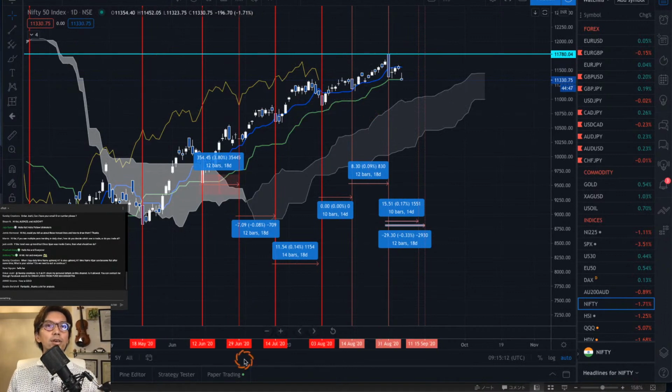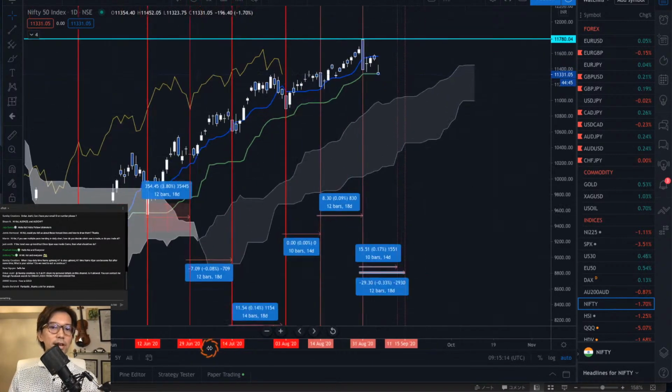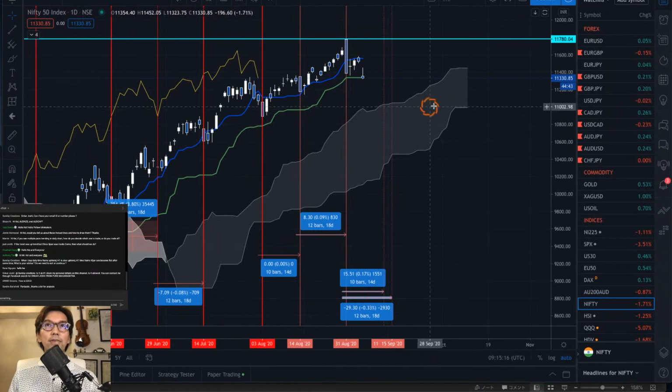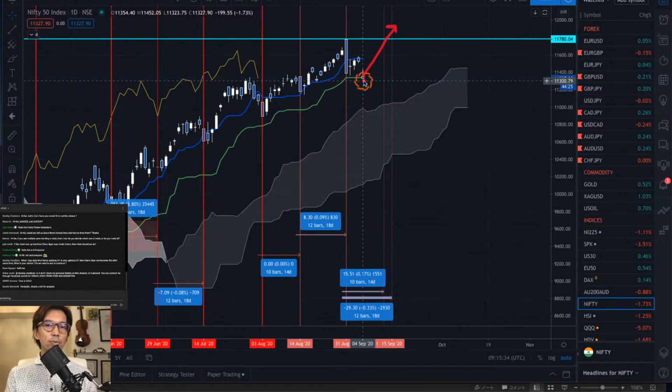Okay, so here is the Nifty daily chart. And there is a gap down right now. And the price is coming down to Kijun Sen now. But because this is still above the Kijun Sen, I would expect that the price goes up this way. But if the price comes down to Kijun Sen, and if it closes below Kijun Sen today, then we have to expect that the price goes downwards too.